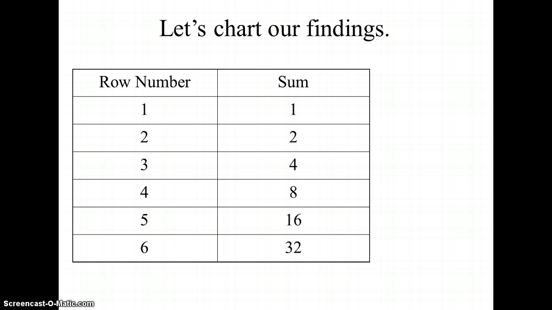So let's chart these findings, looking at the row number and how it compares with the sum of that row. What pattern might you notice looking in the column with the sum? You might notice that in each one of these, you are actually multiplying by 2.